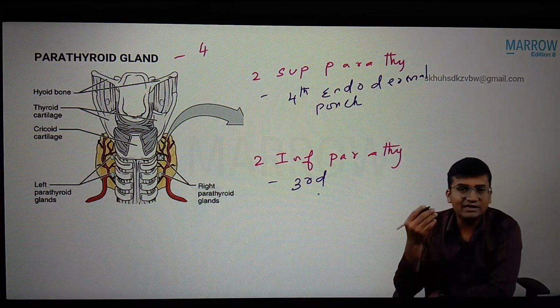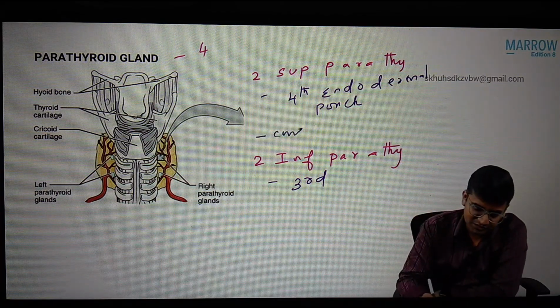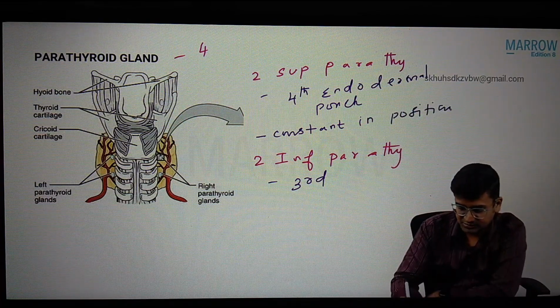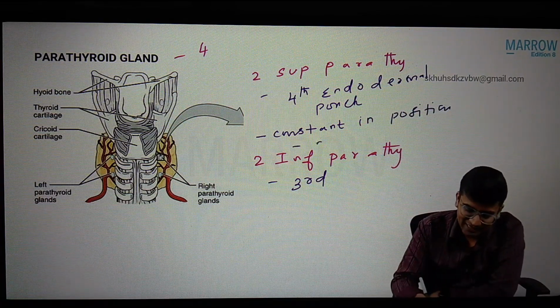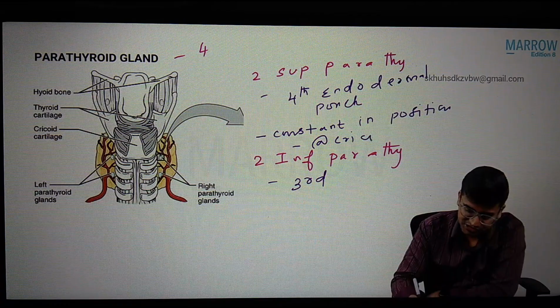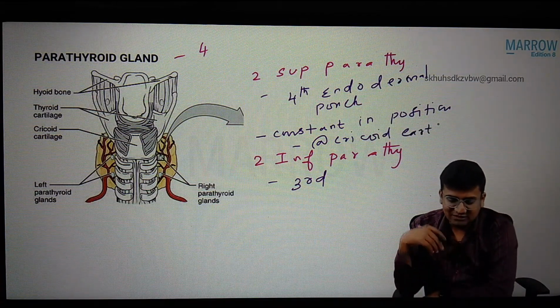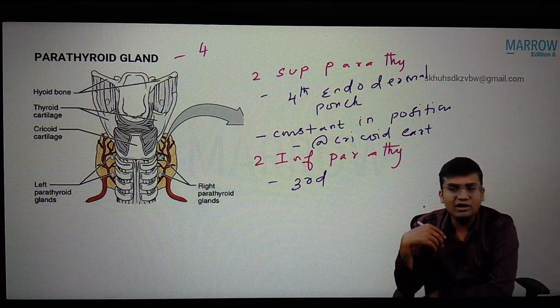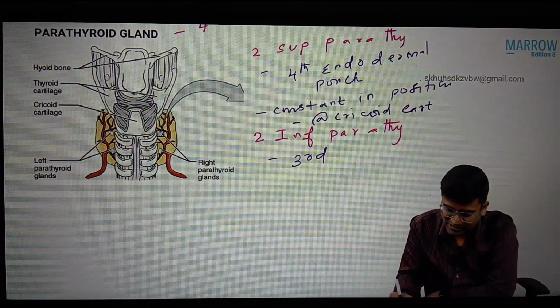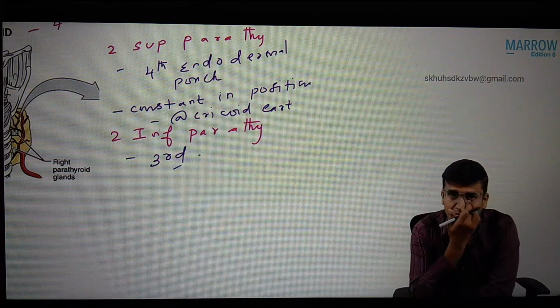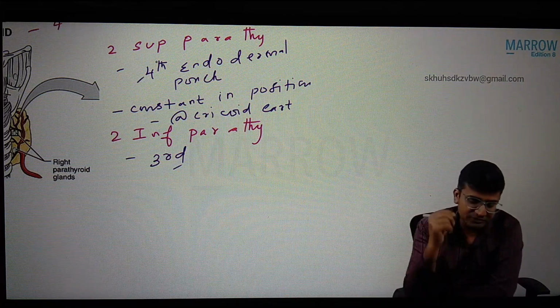Now the superior parathyroid is constant in position. It is usually present at the level of the cricoid cartilage, whereas the inferior parathyroid is not constant in position. Why, sir? See, the inferior parathyroid comes from the 3rd pouch, and the superior parathyroid comes from the 4th pouch.